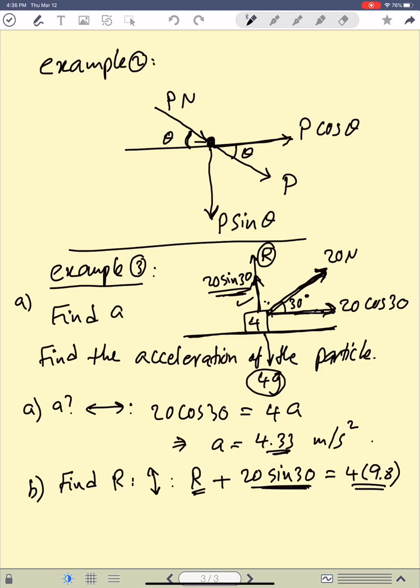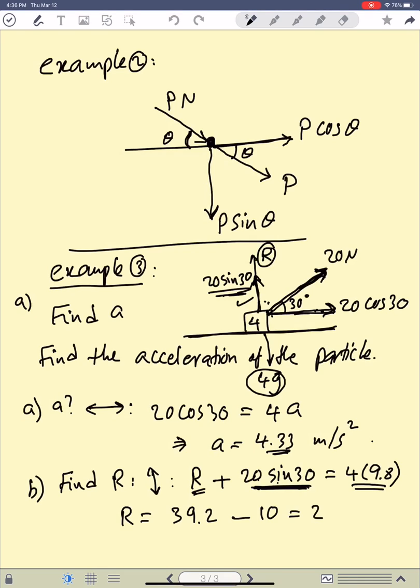So R is equal to, in this example, by calculator, 4 times 9.8, you will get 39.2, minus 20 sine 30, which is 10 when you calculate it. Use the calculator for this, it is 10. Sine 30 is half, times 20 is 10.